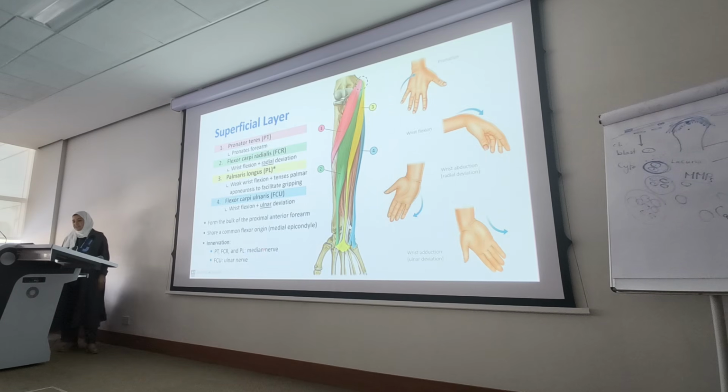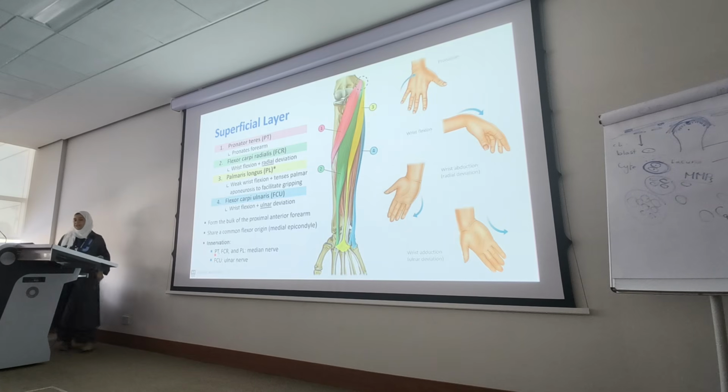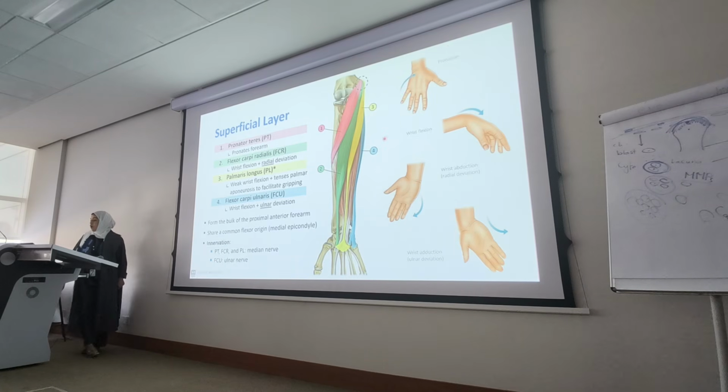So all these muscles, as you can see, they're coming off that medial condyle, and because there's so many flexors that come off of it, sometimes we just call the medial condyle that common flexor origin, CFO. Okay? And in terms of innervation, which we will repeat multiple times, all 3 of these muscles are innervated by the median nerve except for the flexor carpi ulnaris. And so the ulnaris pretty much gives it away. Okay? So that's how you can remember it.